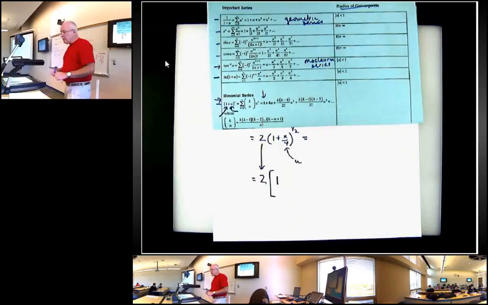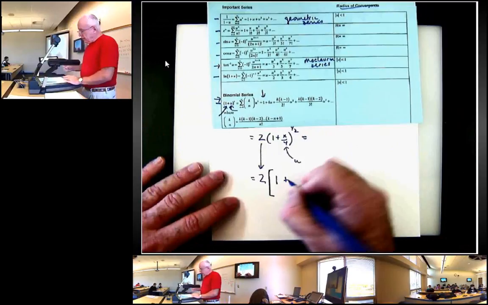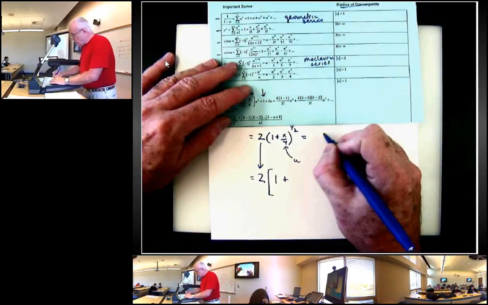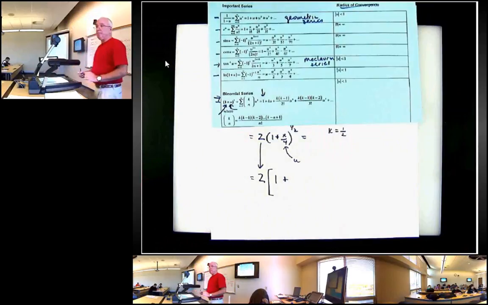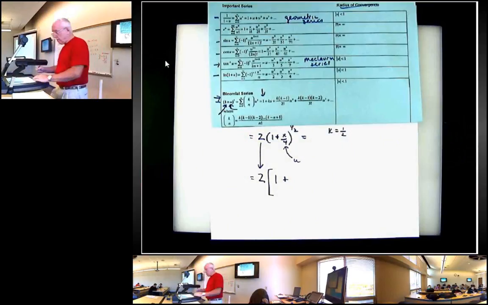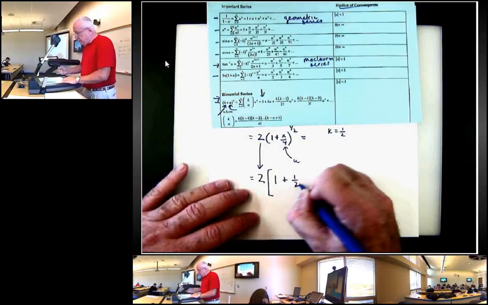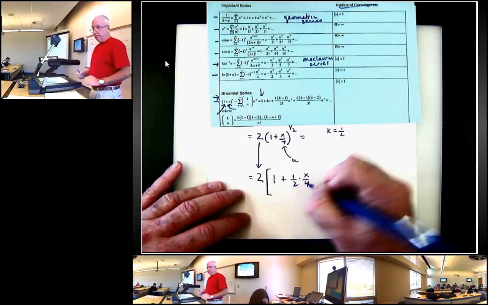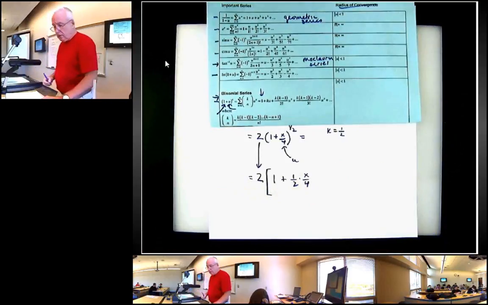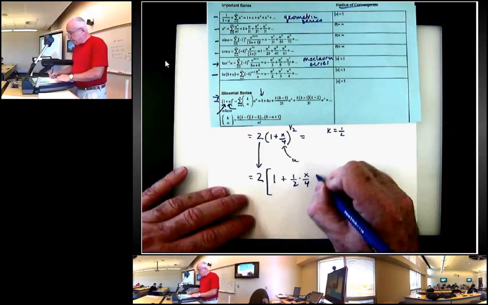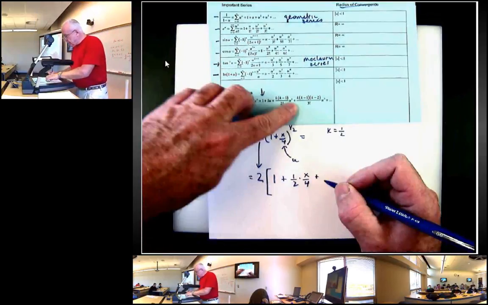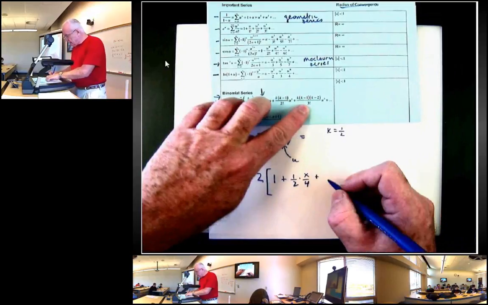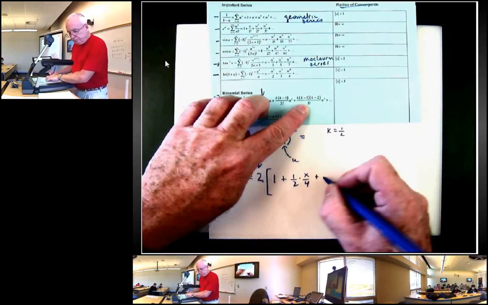And then my second term is plus k times u. Now our k here, our exponent, is 1/2, right? We're taking it to the 1/2 power. So this is 1/2 times u, but our u is x over 4. Now let's go to the next term then. The next term is going to be, well, we're going to be dividing by 3 factorial.